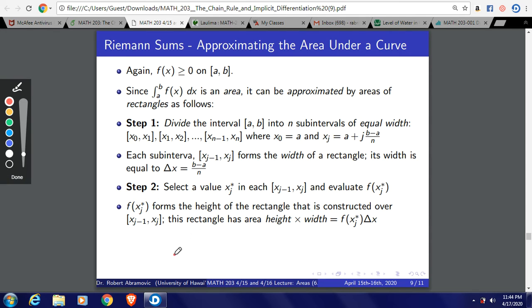So if this was our subinterval, we have a rectangle that's constructed over it, and its height is given by f of xj star.